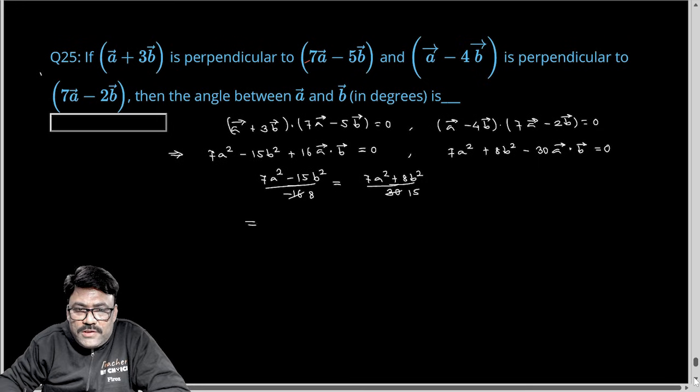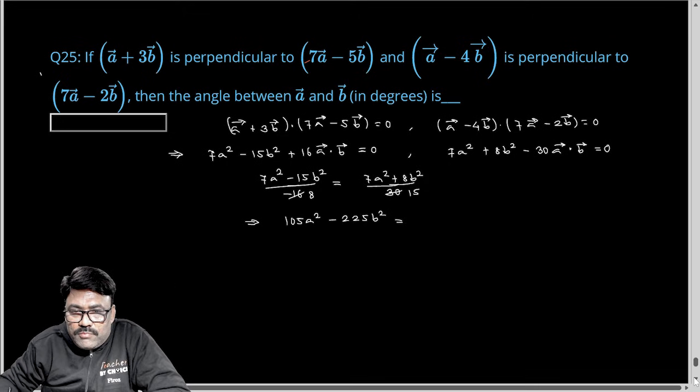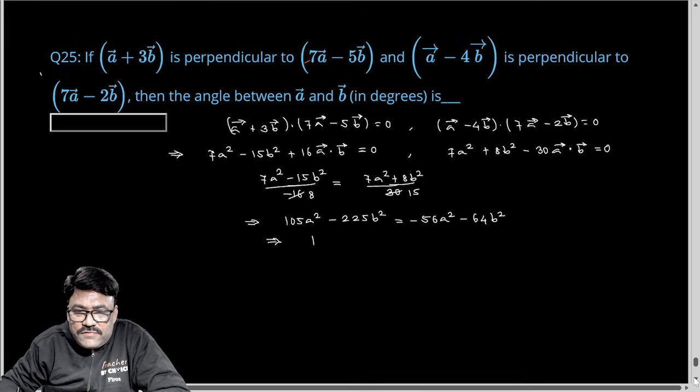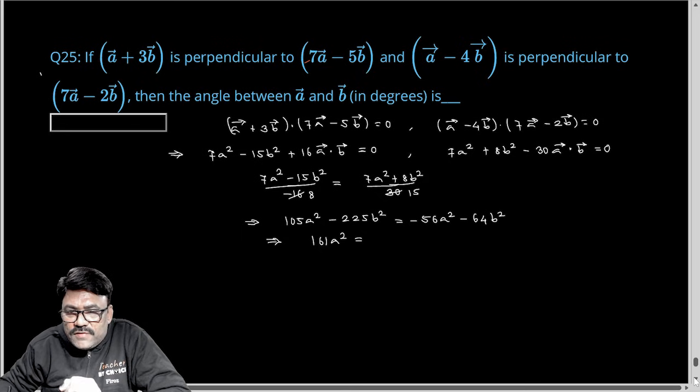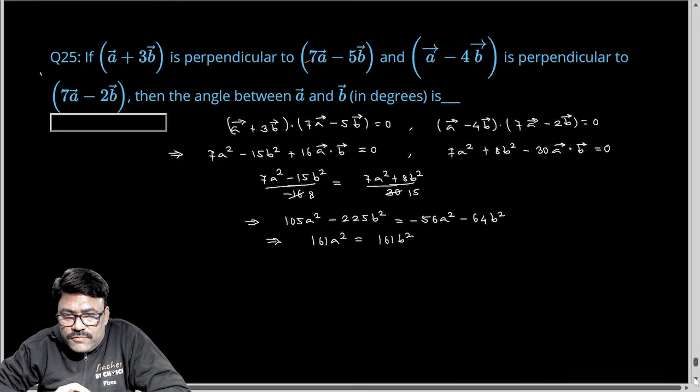Now let's cross multiply. 15 into 7, 105a square, 15 into 15, 225b square, minus 56a square, minus 64b square. 105 minus 56 is 49a square, and 225 minus 64 is 161b square.